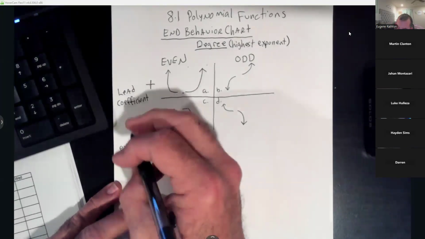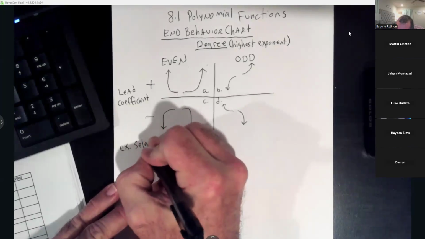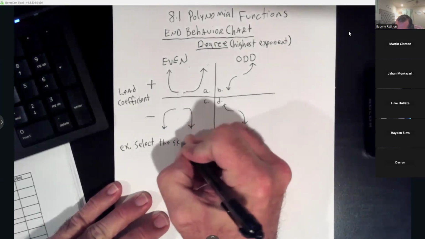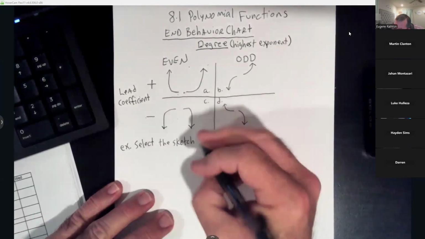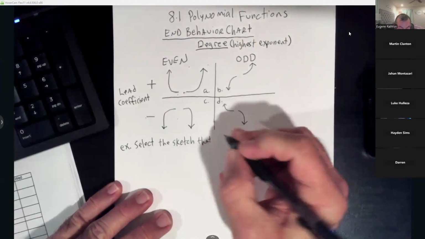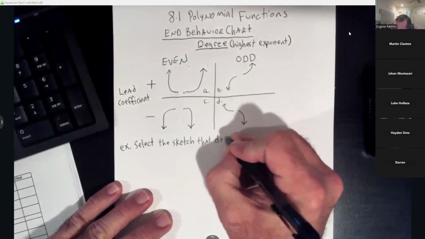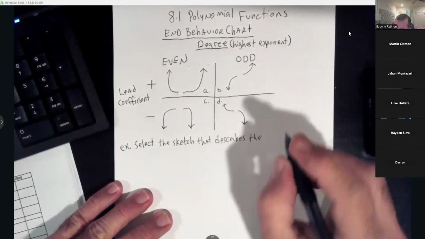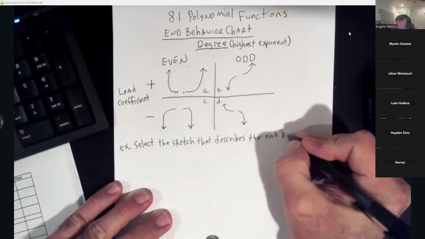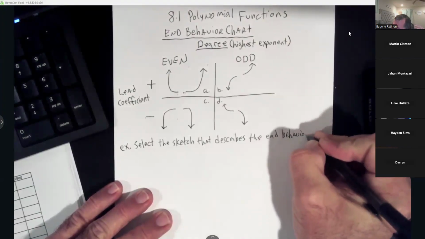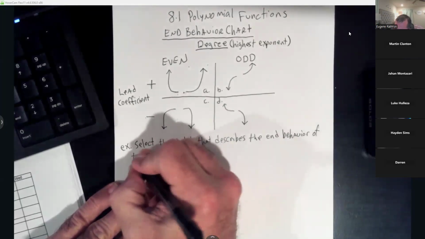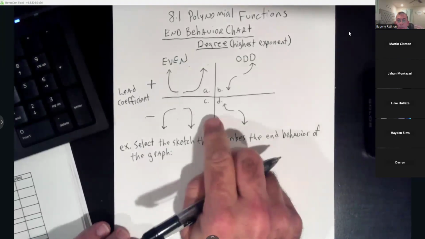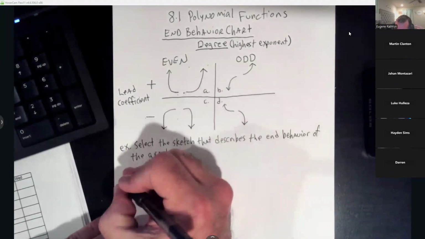So y'all, these examples will say select the sketch that best describes the end behavior of the graph. Okay, so it'll be one of these four.